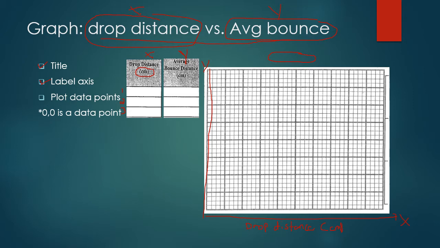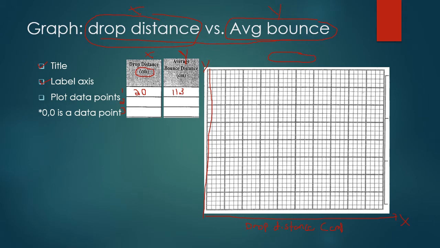So let's do the first data point together. So the drop distance for the first data point was 20. We dropped it from the 20 centimeter mark. The average bounce distance we calculated together on a previous slide, and that was 11.3. So this is going to be our first data point.